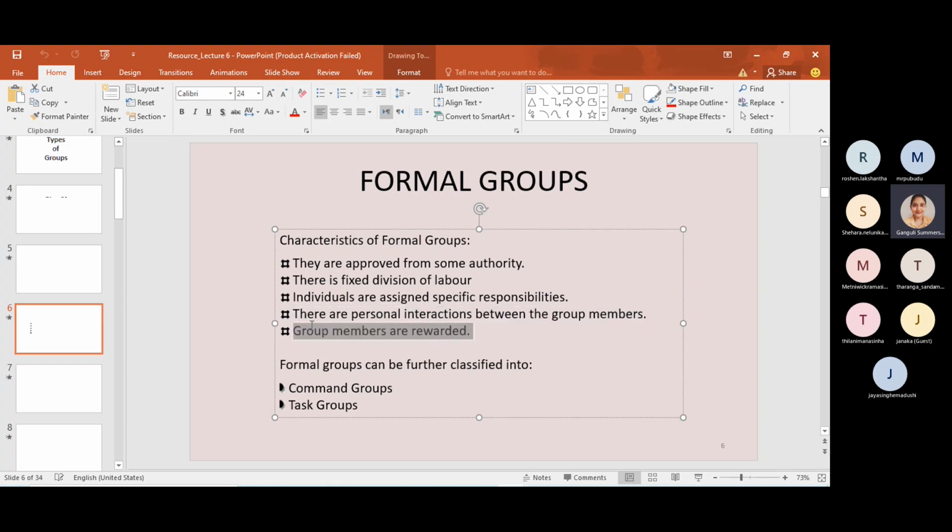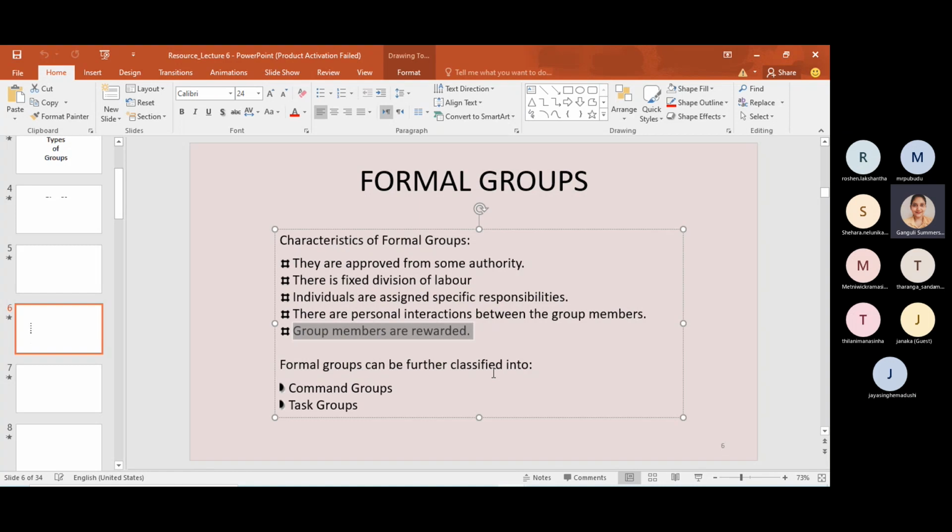And the group members are rewarded. They can be rewarded in many ways: salaries can be increased, or you can give them other benefits, such as promotions.